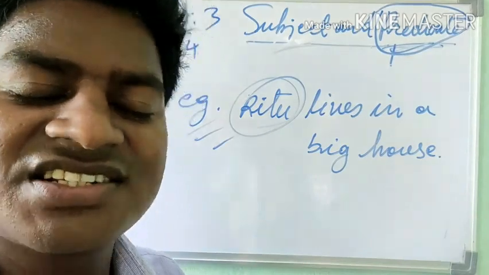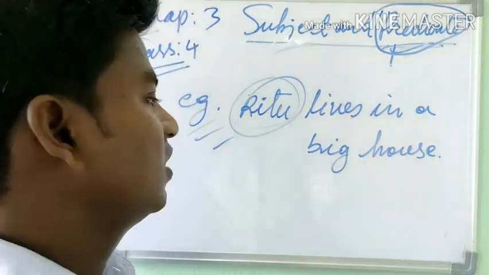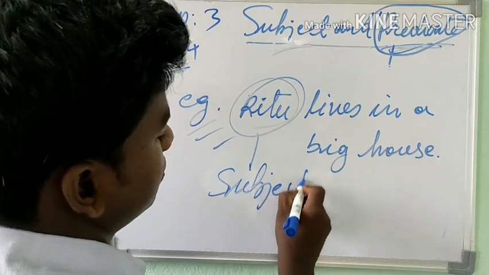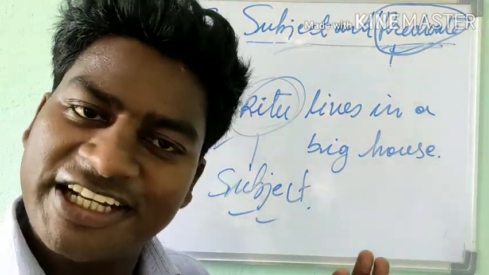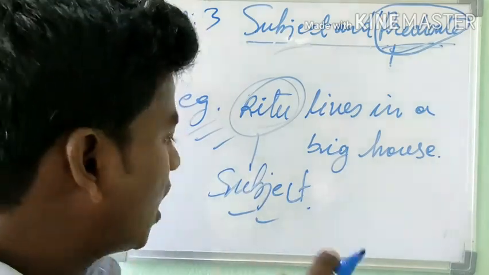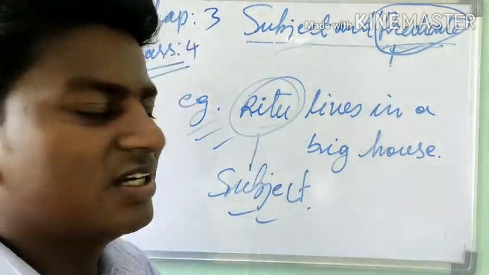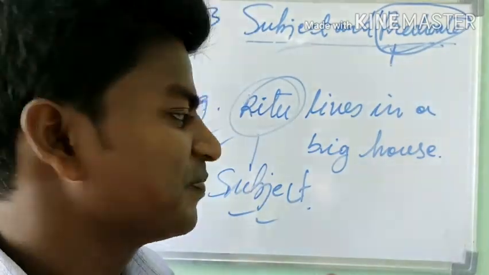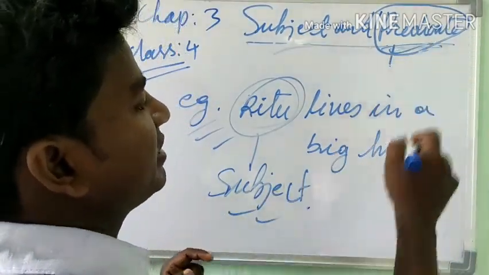The sentence is about Ritu, and that's why this word is subject. Clear? How is it subject? Because this sentence is about Ritu. Clear? Now what is predicate then?